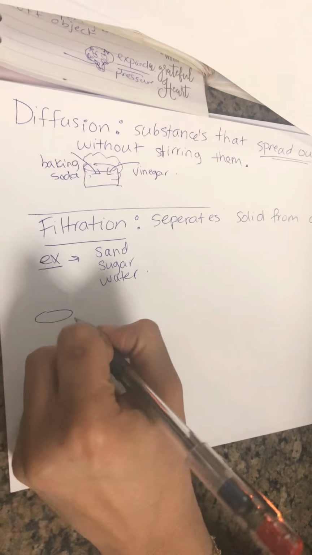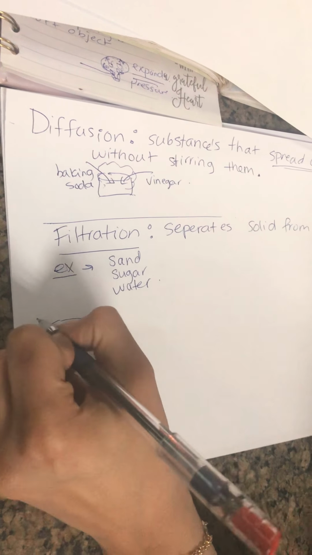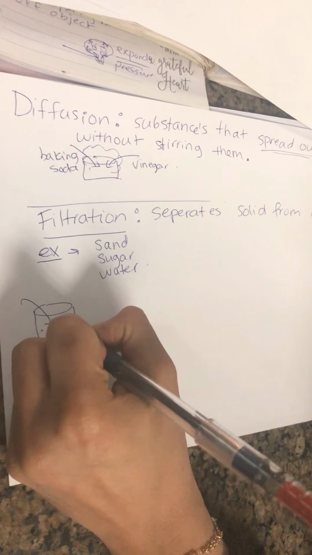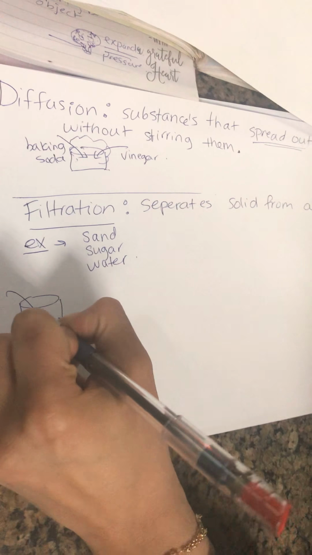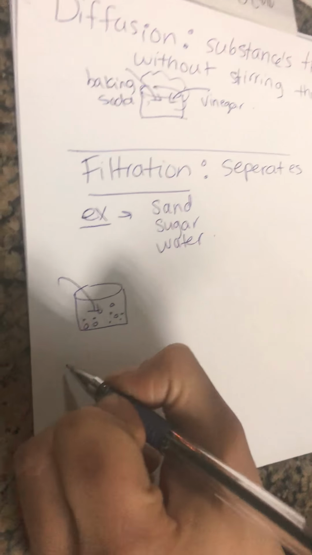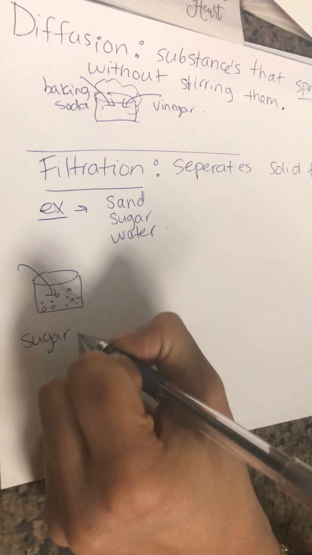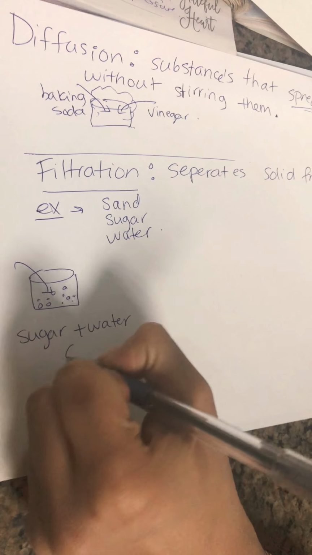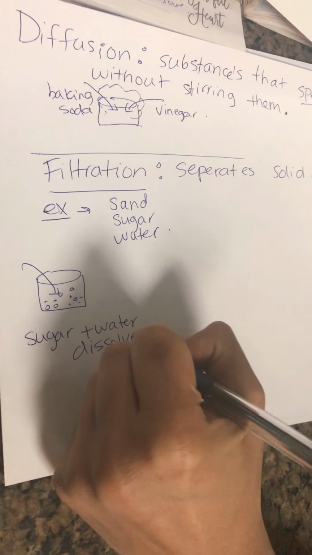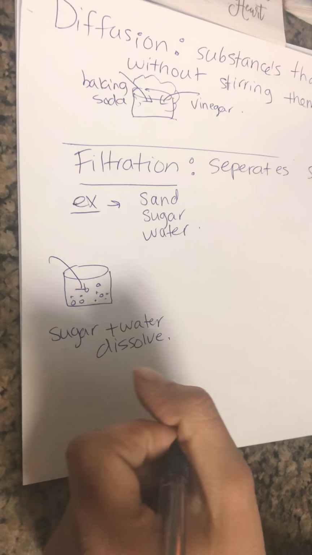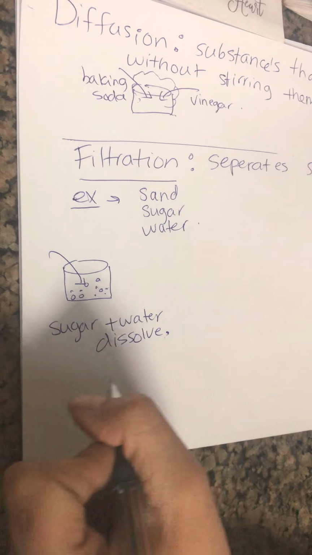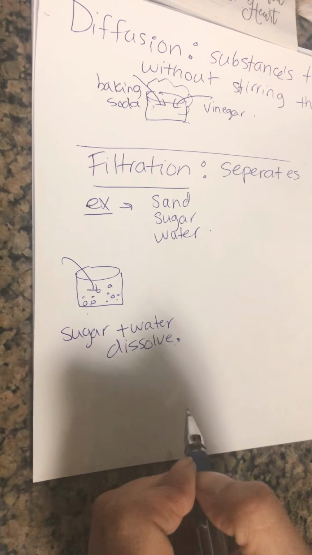So here's my beaker. I add my water, and I add my sand, and I add my sugar. We all know that the sugar and the water will dissolve. But ask yourselves, does sand dissolve in water? The answer is no. Sand does not dissolve in water.